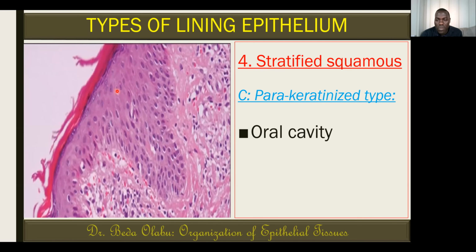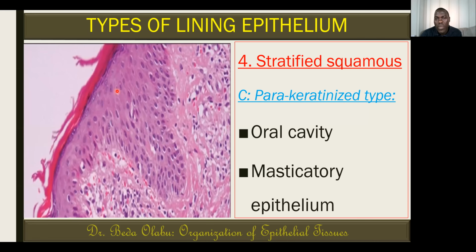The regions of the oral cavity that are lined by this are regions which come into contact with food. And so this type of epithelium is otherwise known as the masticatory epithelium. Masticatory epithelium is stratified squamous parakeratinized epithelium, the epithelium that comes into contact with food in the mouth when you are chewing.